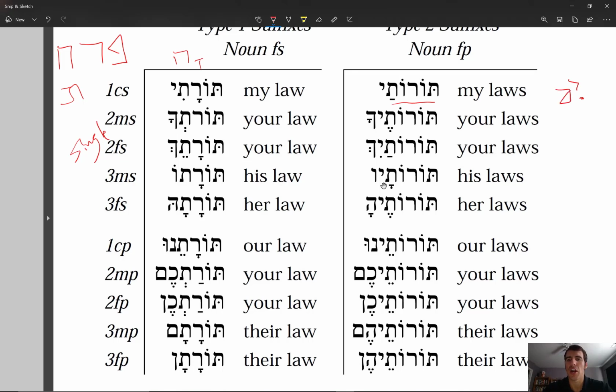So instead you have the oat. So you include the oat, and then you also include the yod of the plural to mark it. So torotai, torotecha, torotaik. So you have the same thing, but you do include the oat because it is a feminine plural. So that's one of the biggest differences.